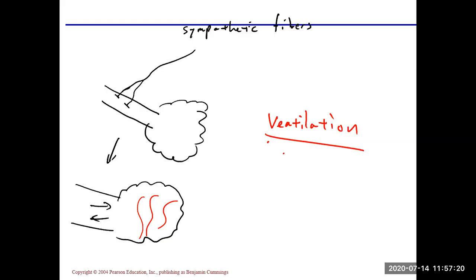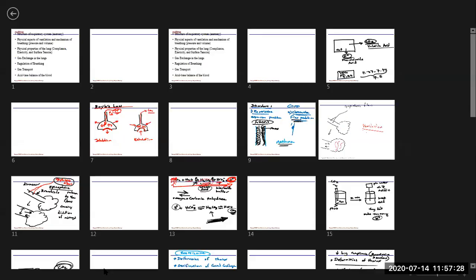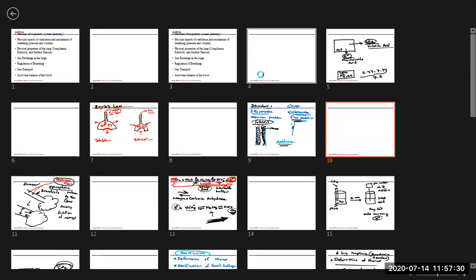Now that you understand this part, I wanted to talk a little bit about the idea of breathing. A lot of times when you're reading the book, it tells you, okay, carbon dioxide is not good. You have to get rid of it. And the oxygen, we need to get into the cells and so on. But they don't tell you exactly why.